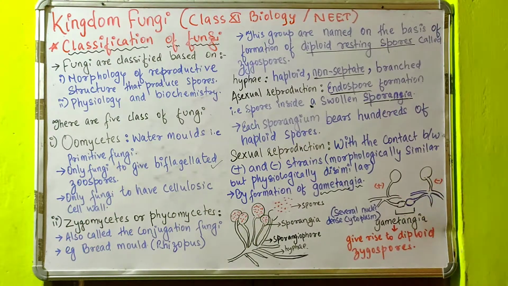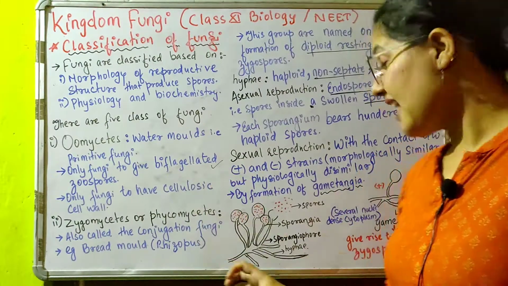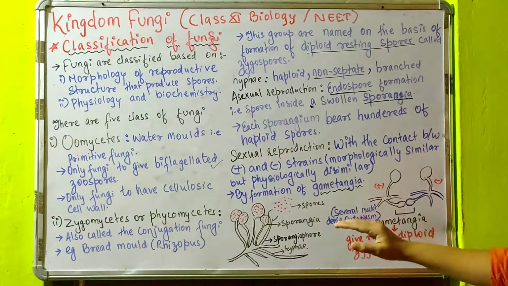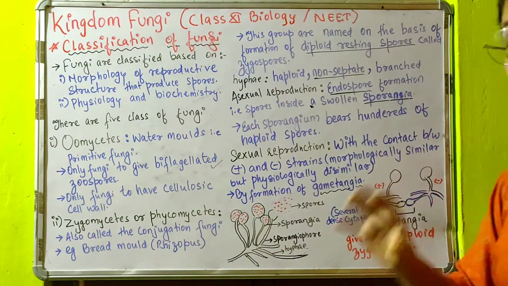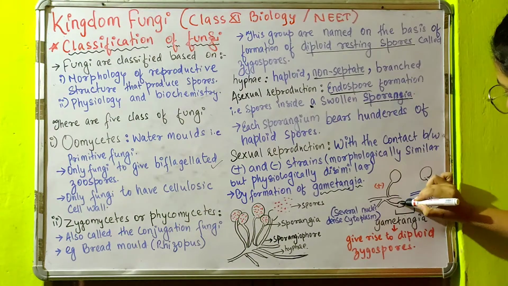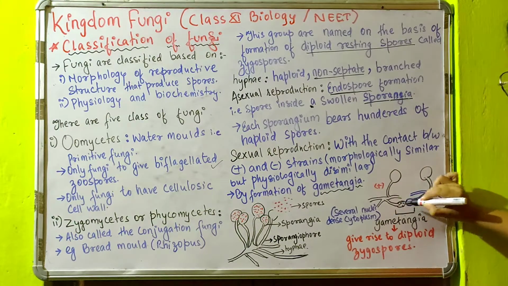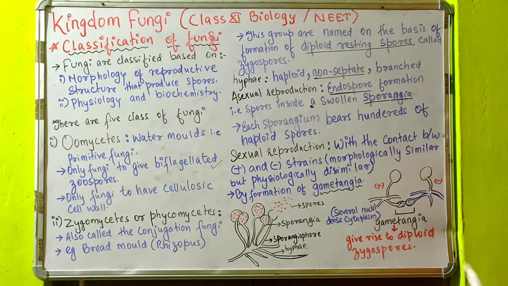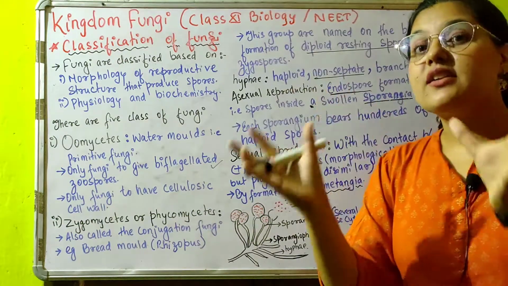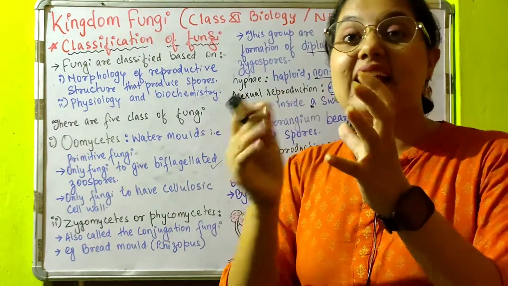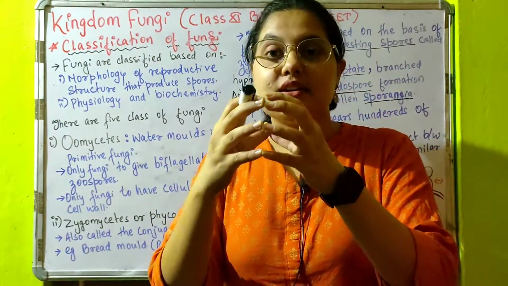But at the bottom you see they both are forming a bulge kind of structure. This bulge has several nuclei and dense cytoplasm, because inside these there are so many nuclei. Here also there are so many nuclei, and the cytoplasm is very dense, that means the cytoplasm has aggregated to become a big swollen part.